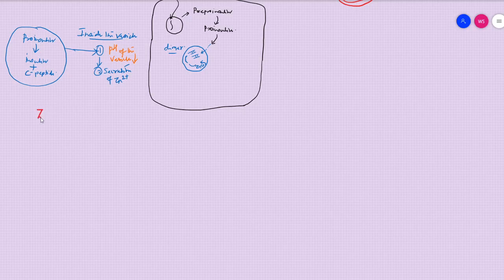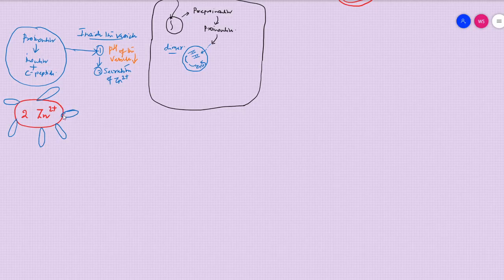So this zinc ion, okay, 2 zinc ions, let's say this is 2 zinc ions, this will combine with 6 insulin units. It will combine with 6 insulin molecules.